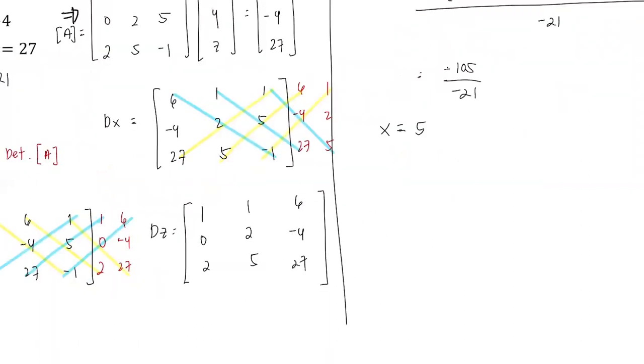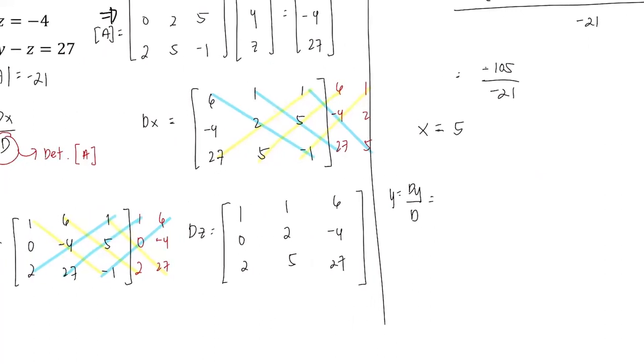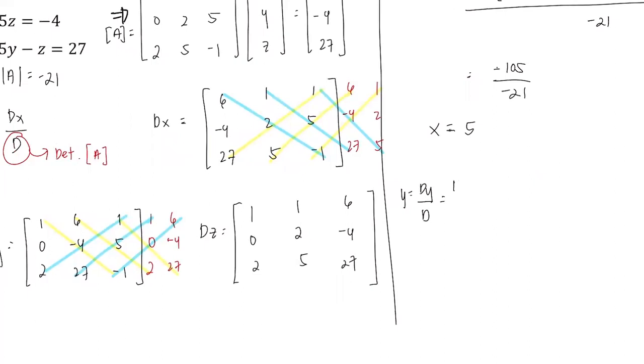Okay. So, y is equals to dy over d. So, this will be equal to 1 times negative 4 times negative 1, plus 6 times 5 times 2, plus 1 times 0, so 0 na yan, no?